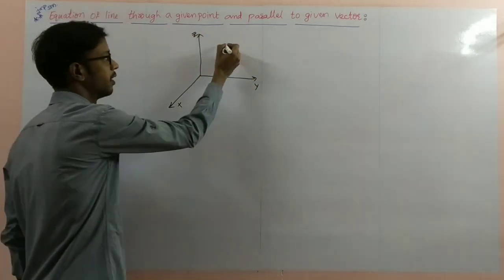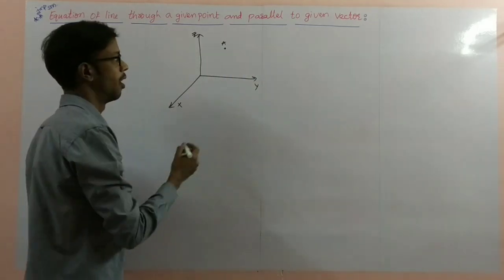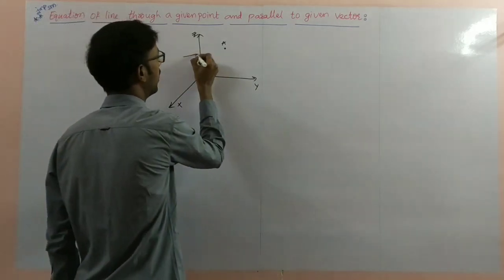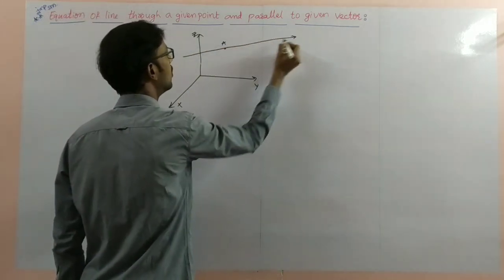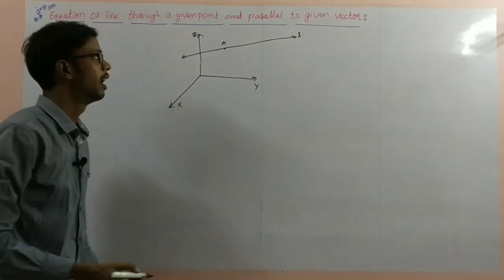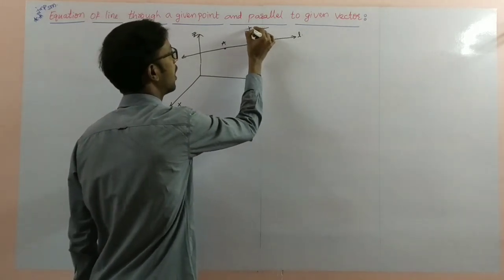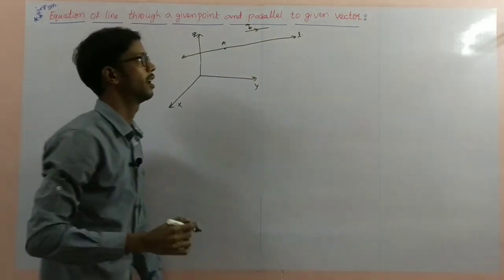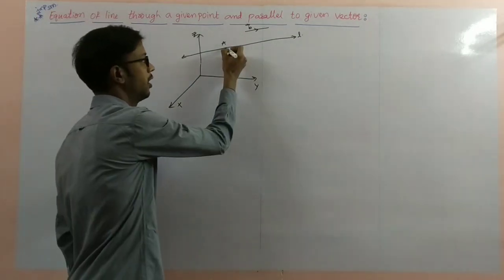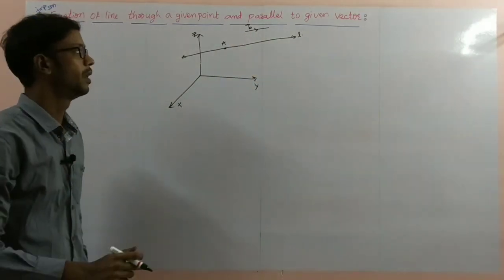In space, take one point A. A line passes through that point, I am taking it as line L, and it is parallel to the given vector, which I am taking as B bar.